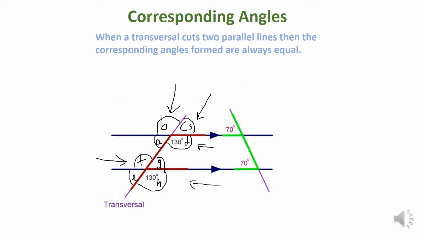Then what other angle will be 50? Angle G will also be 50 degrees, corresponding angles. If I have angle A to be 70 degrees, then angle E will also be 70 degrees, corresponding angles.